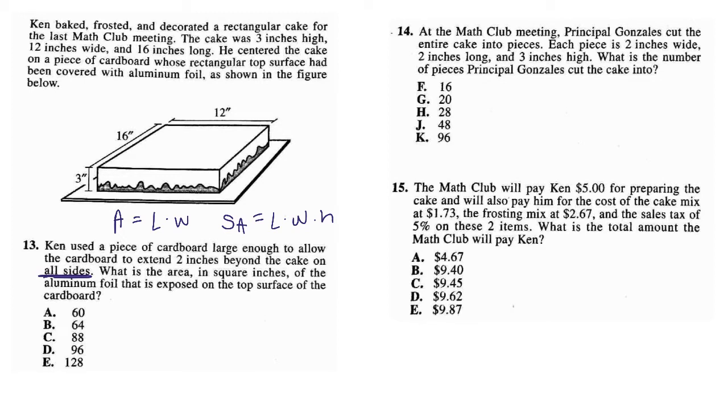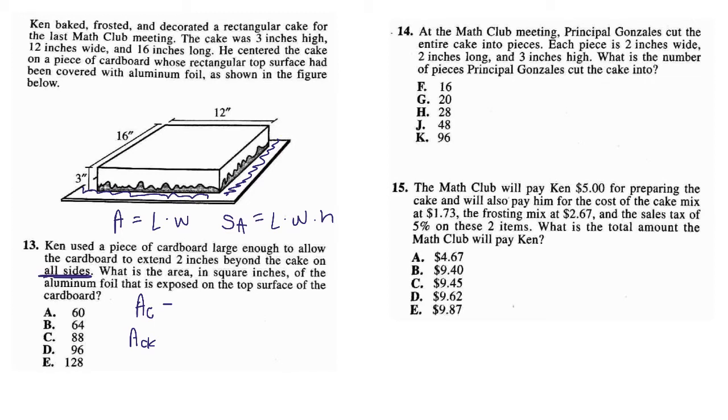So it's not really wanting the exact area of the cardboard that was used or the cake. It's wanting this area out here, this exposed. So what we'll need to do is find the area of the cardboard and find the area of the cake and then subtract the two to get that outside area.